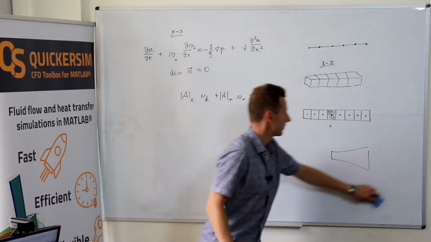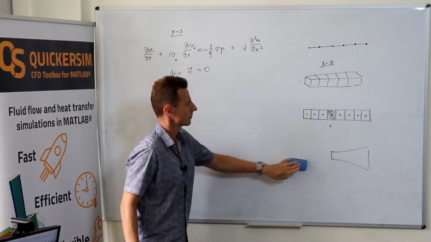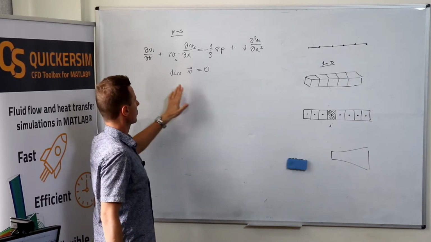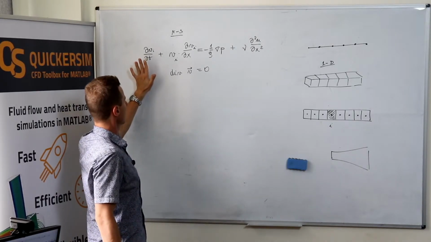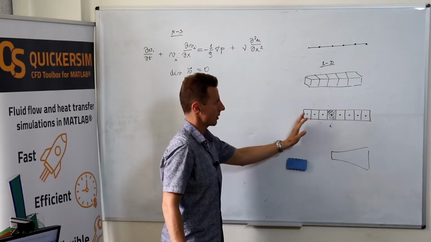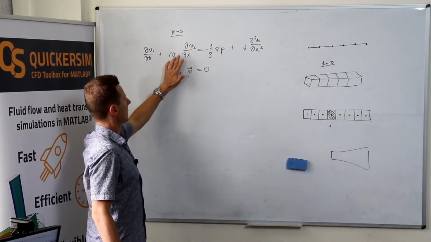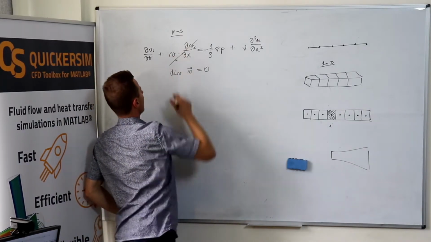So after this short comment, let's focus on that case. We can have the most simple case of having constant cross-section of the channel. This one clearly vanishes.